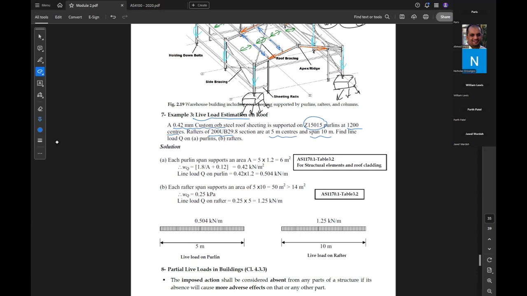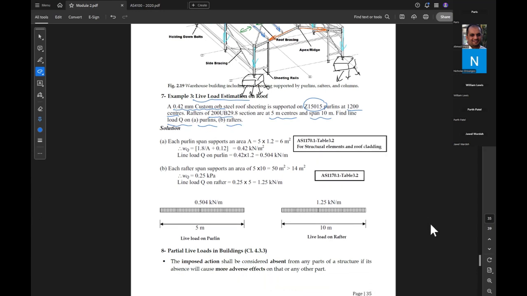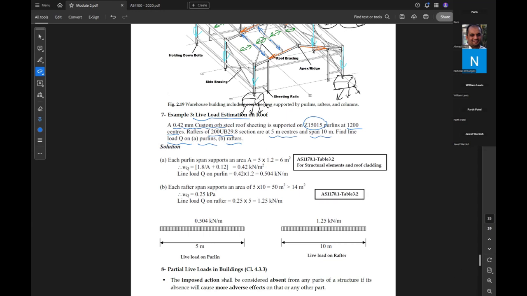We need to find the live load on purlins and rafters. So we have, sorry, this is our frame, for example.